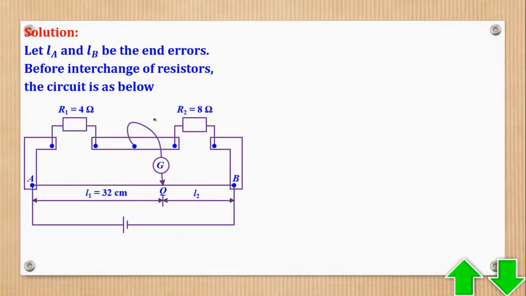Like I said, when it comes to meter bridge circuit questions, it is not a must to redraw the circuit because it takes a lot of time. I'm just drawing it to make you understand the concept. When you master the concept of what happens at balance, then you don't need to draw the circuit. So this is R1, this is now R2, this is length L1, and L2 can be got by subtracting.